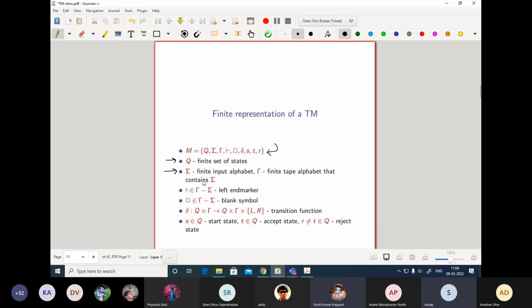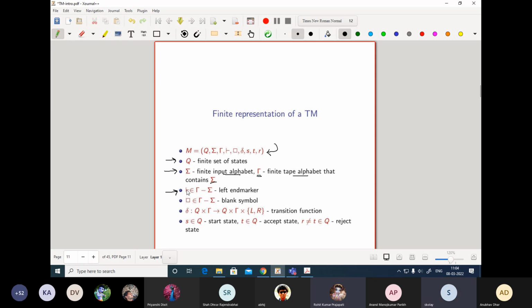Sigma is a finite set of symbols that represents the input alphabet. Gamma is a finite set of symbols that denotes the tape alphabet. So the symbols written on the tape need not be symbols that constitute the input string, but of course, sigma is a subset of gamma.